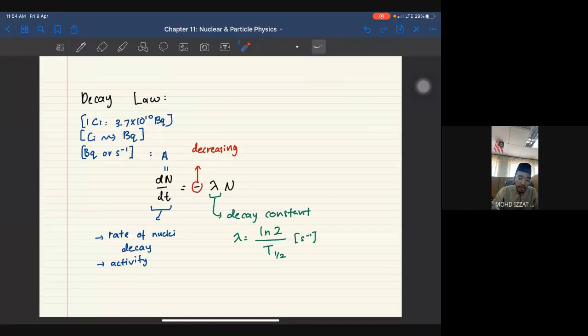So if they ask you to calculate lambda and they give you half-life, make sure you change your half-life to second, then only substitute inside this equation. Normally they will give you in year. The unit is second, so notice that the unit is actually quite similar to this one. Sebab tu biasanya saya write A ni with becquerel, tapi lambda ni saya leave it with s^-1. And the last one is actually about N. N ni is really the number of nuclei.